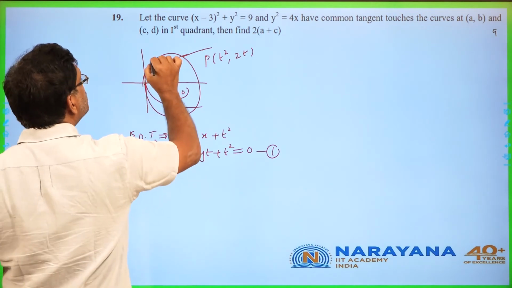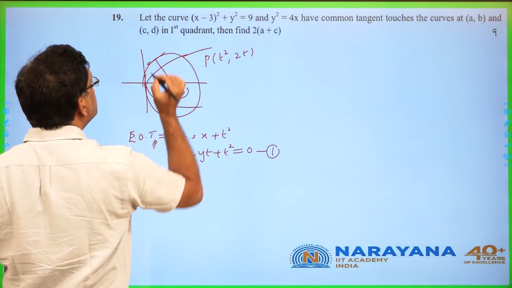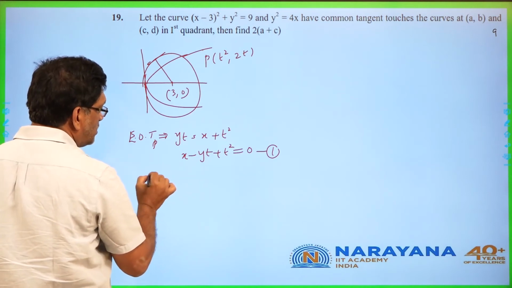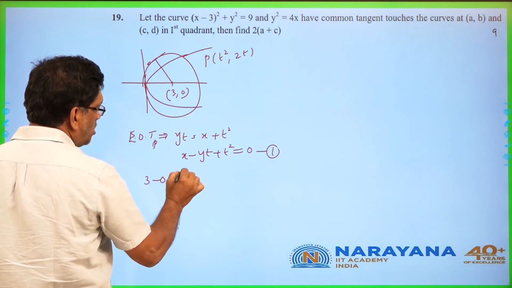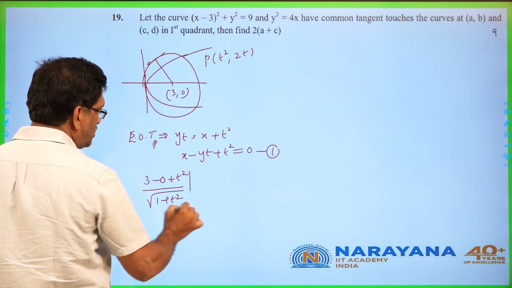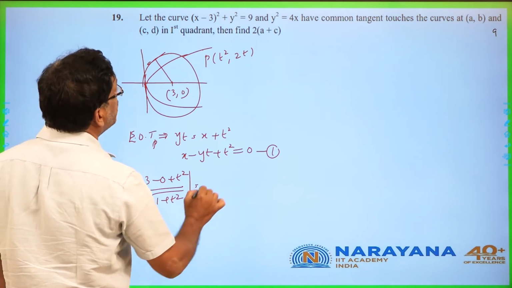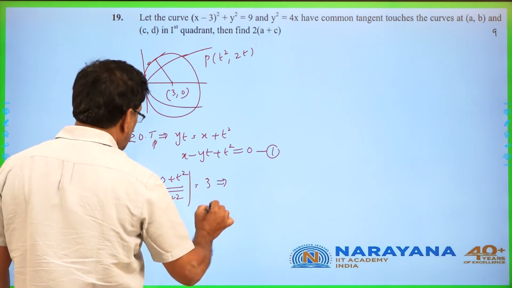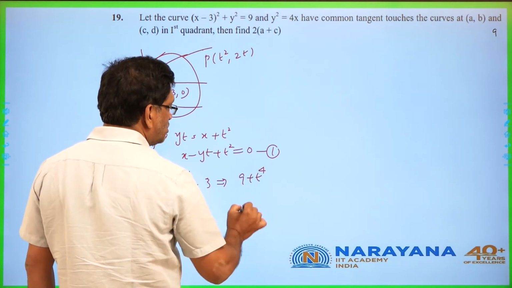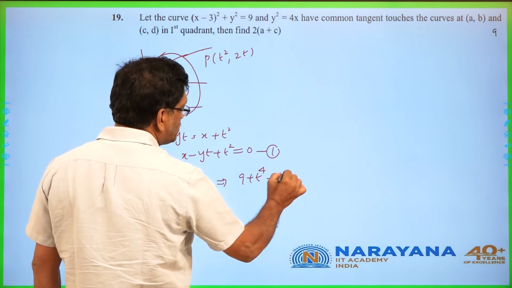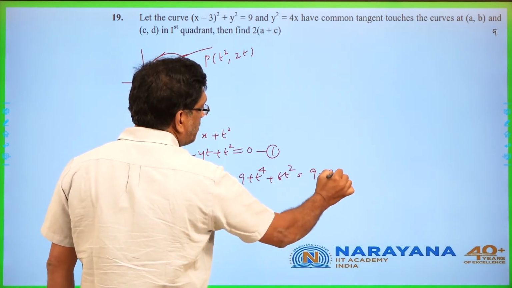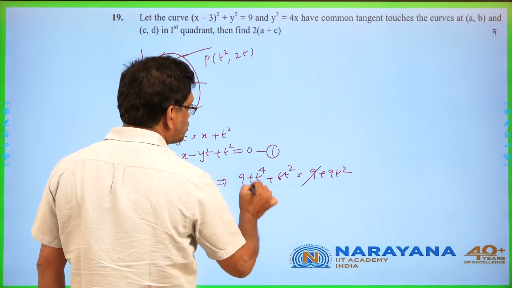Now, perpendicular distance from this one is equal to radius. What is the perpendicular distance from the center? (3 minus 0 plus t square) by root of 1 plus t square is equal to radius, that is 3. When you square it, 9 plus t power 4 plus 6 t square is equal to 9 plus 9 t square.